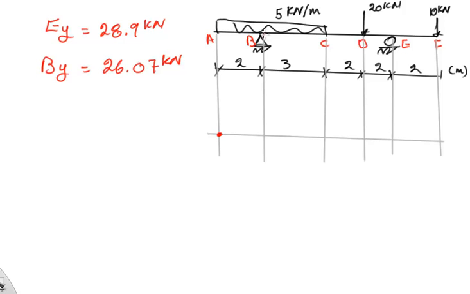What is the shear value here at point B? Basically, the shear value here is the area of this segment. The height is 5 and the distance is 2, so the shear value should be 10.